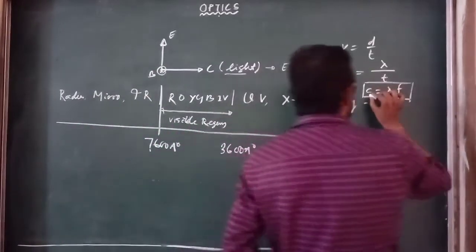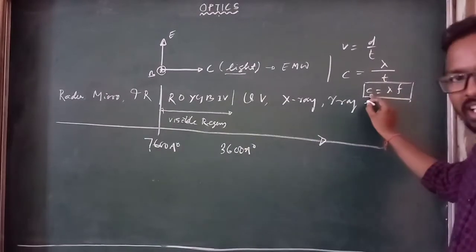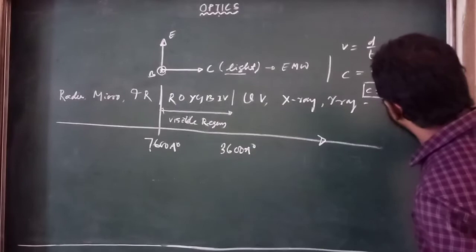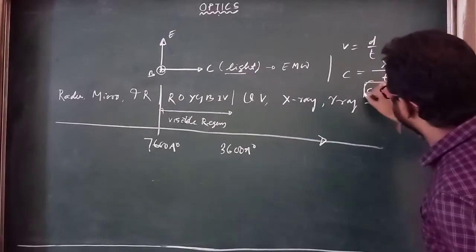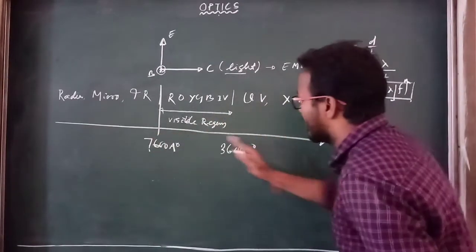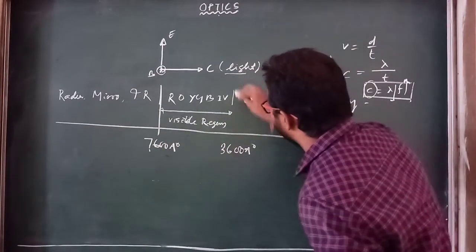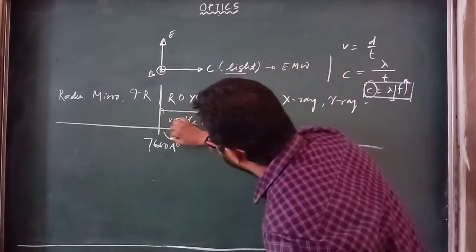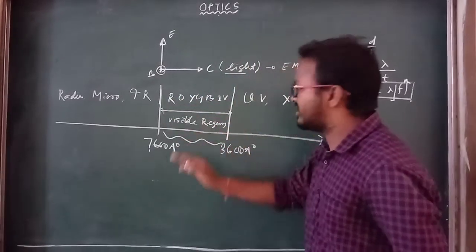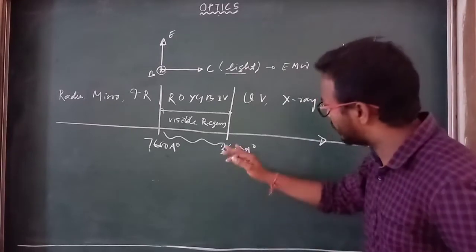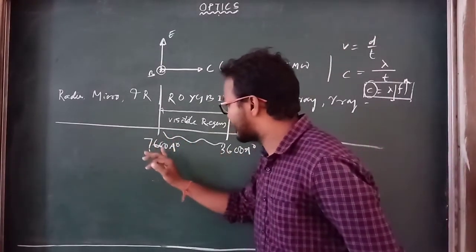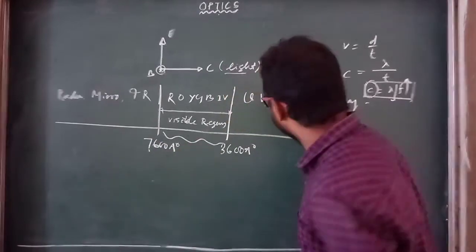But the speed of light in vacuum is a constant quantity, so if lambda increases or decreases, the frequency changes accordingly, because c is constant. Between these wavelengths the light is visible to us, and that region is known as the visible region, with wavelength 3600 angstrom to 7600 angstrom. Clear?